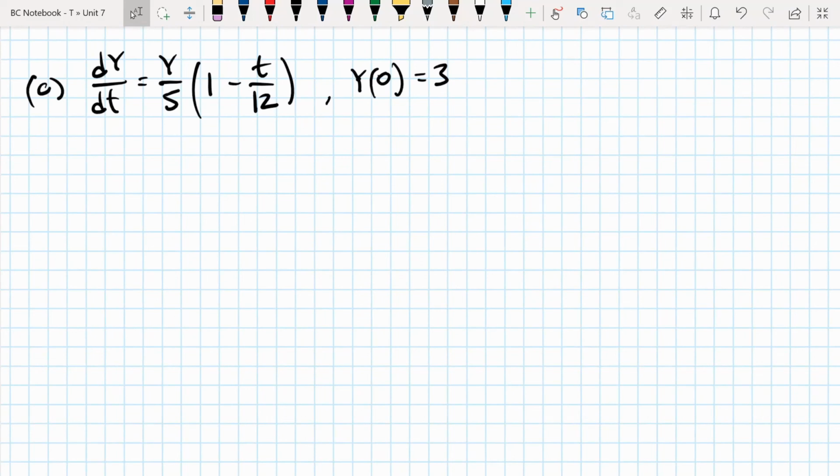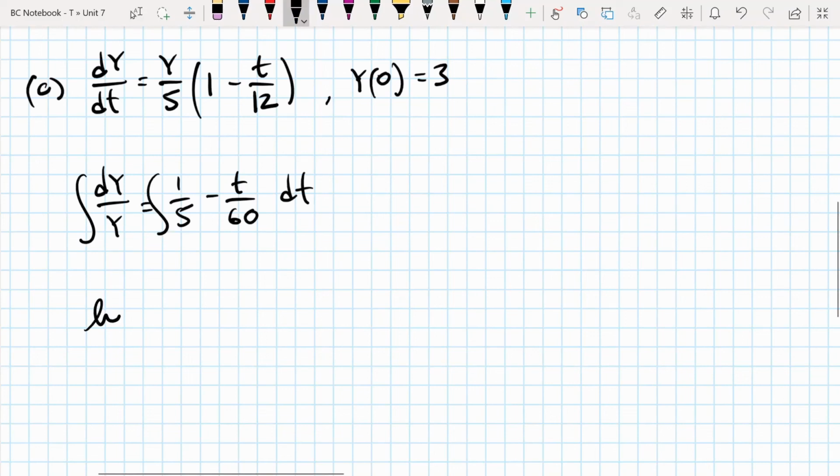To solve this separable differential equation, let's bring all the y terms to one side and all the t terms to the other side. I'm going to divide by y on both sides, and then multiply this 1/5 through to get the following. Now let's integrate both sides.